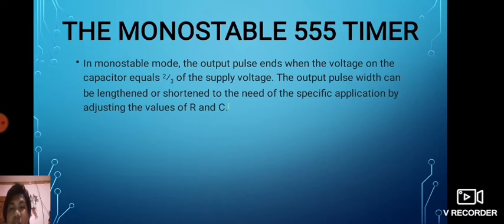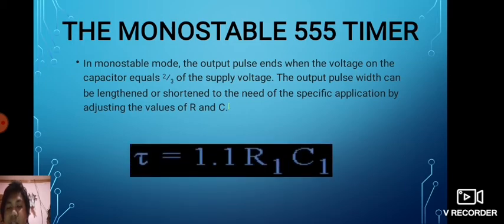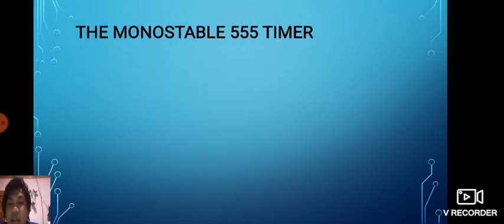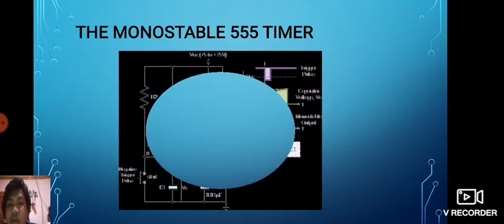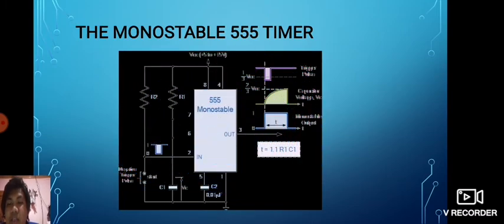The output pulse width can be lengthened or shortened to the need of the specific application by adjusting the value of R and C. This is the formula of the monostable 555 timer. This is an example of a monostable 555 timer.